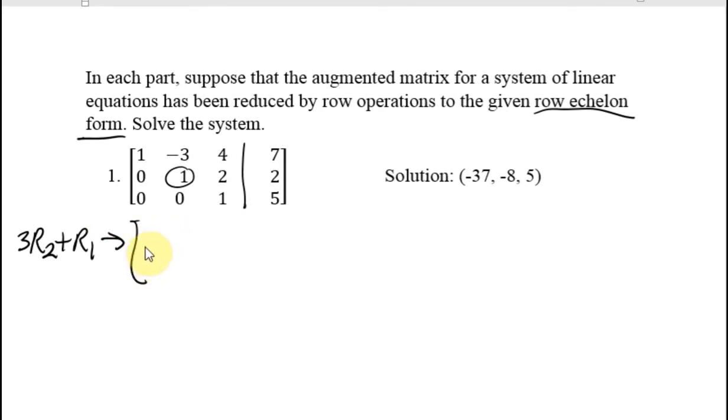Now I'm going to go ahead and just rewrite rows 2 and 3. So this is a 1, that's a 0. This is 6 plus 4 is 10. That's 3 times the 2 is 6 plus 4 is 10. And then 3 times the 2 is 6 plus this 7 is 13.